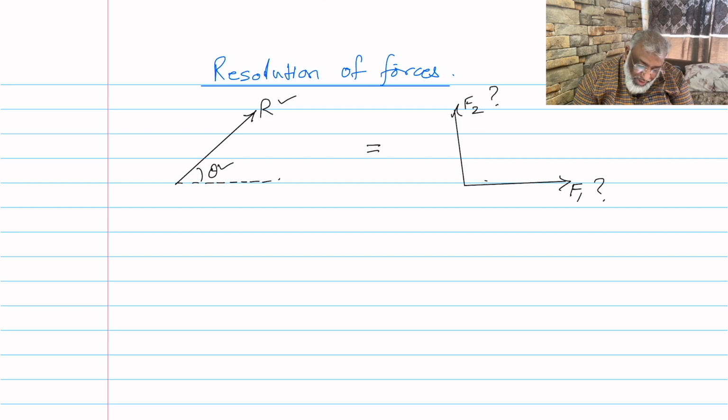So it's very simple. The horizontal component F1 is given as R cos theta, and the vertical component is given as R sin theta, where we know the value of R, we know the value of theta. So we can find out the value of F1, and similarly we can find out the value of F2 also.